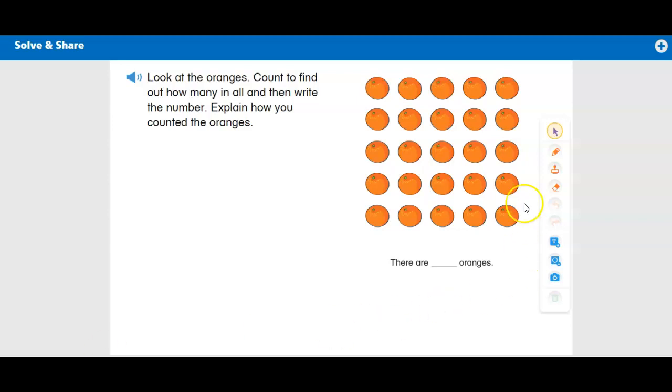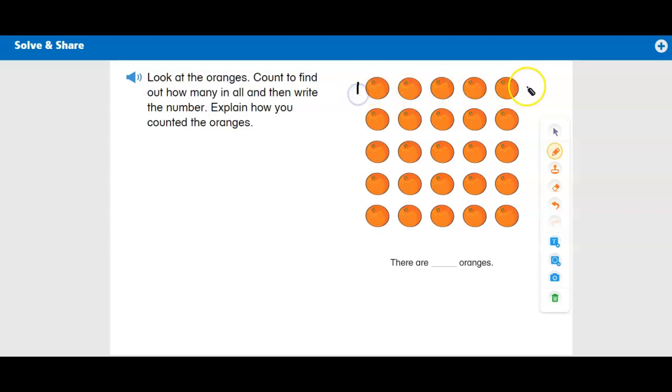There are a few different ways that we could count these oranges. You could count by ones and go through and count every single orange. But you could also count by fives or tens. If you count the row of oranges across, there's 1, 2, 3, 4, 5.